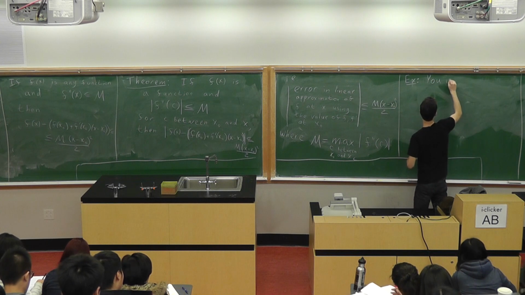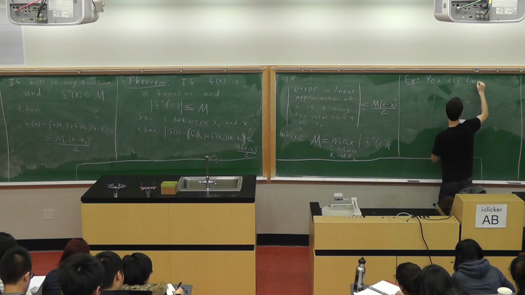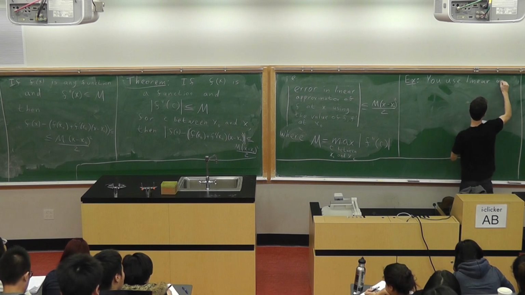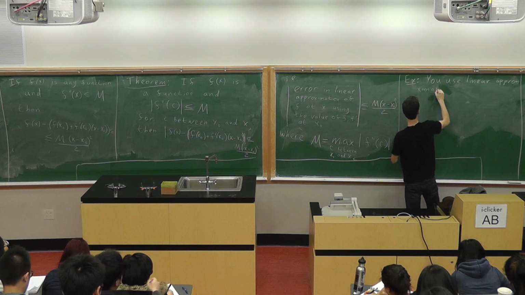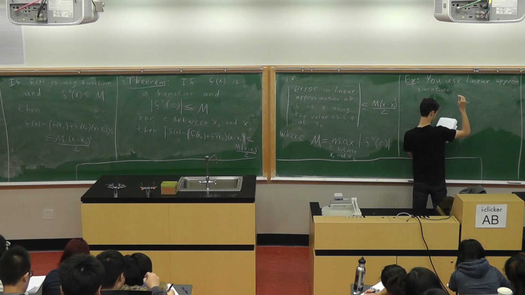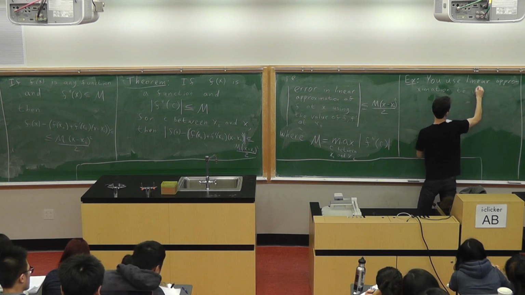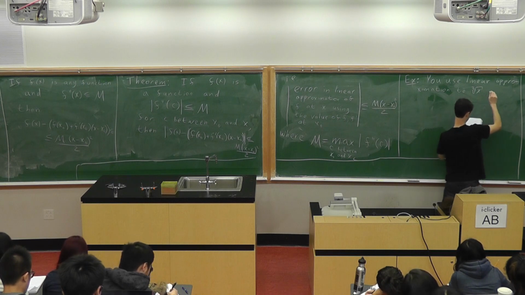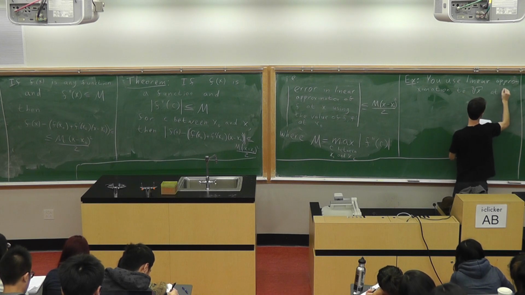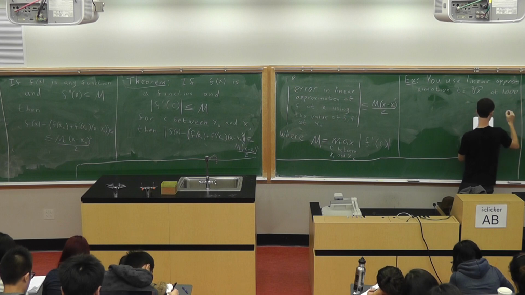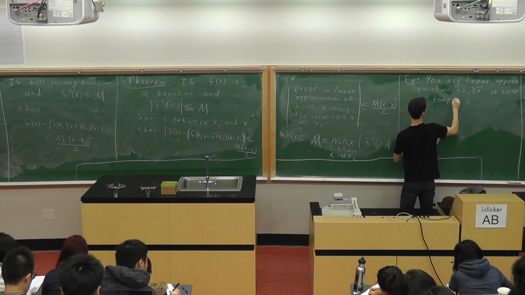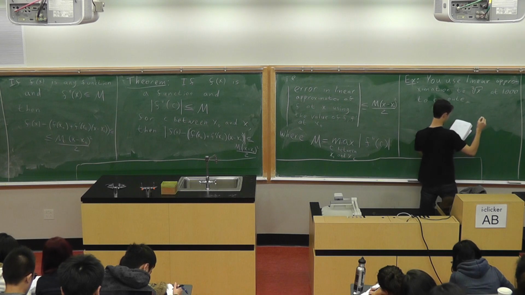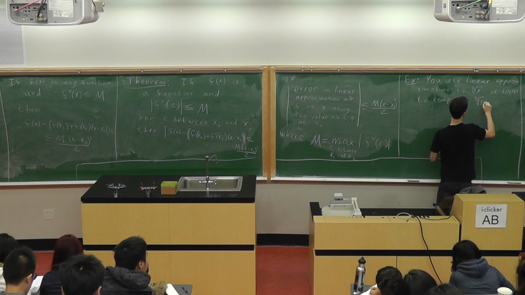Use linear approximation to the cubic root of x at 1000 to compute the cubic root of 1000.